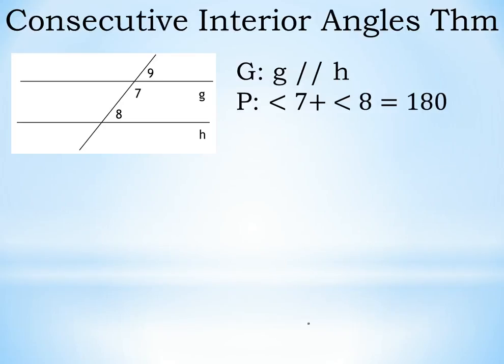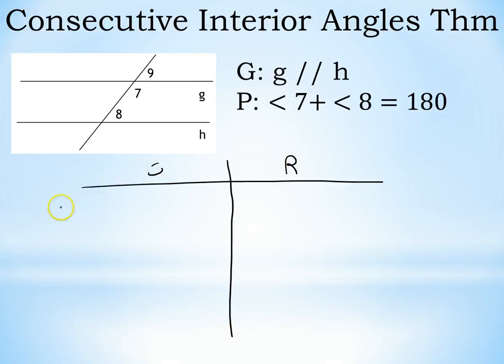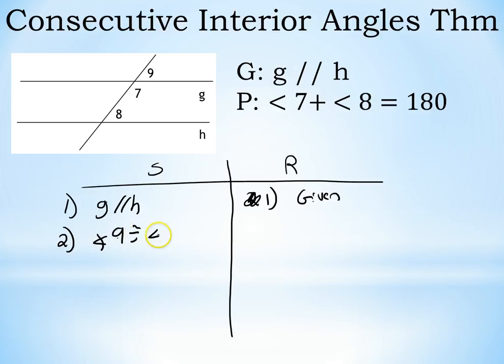The consecutive interior angles theorem is a little bit different, because instead of proving angles are equal, we want to prove that angles are supplementary, meaning they add to 180 degrees. We still always start off with our given statement, G is parallel to H. And since the lines are parallel, 9 and 8 are both corresponding angles. Well, I don't want to find vertical angles, because first off, I don't have any.